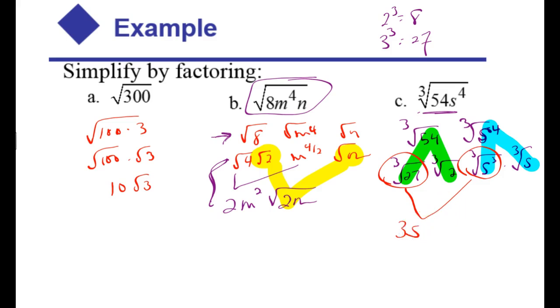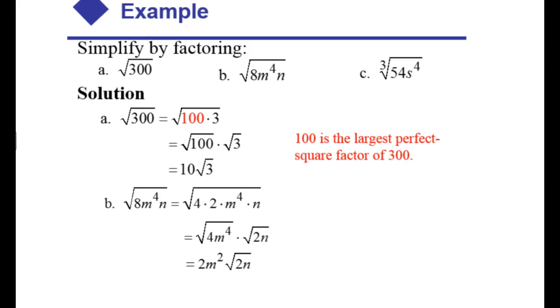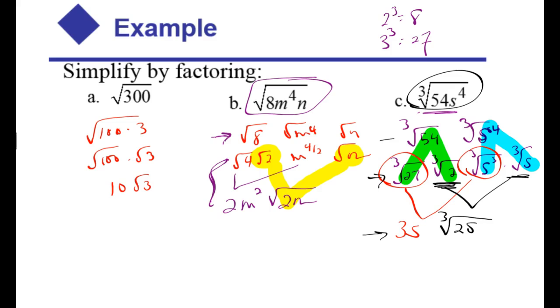And then what's left is these two terms, which I'm going to throw back together as the cube root of 2s. So again, if it's together, I pulled it apart, and then once it's apart, I put it back together. Let's see, 2m squared. I have the cube root.